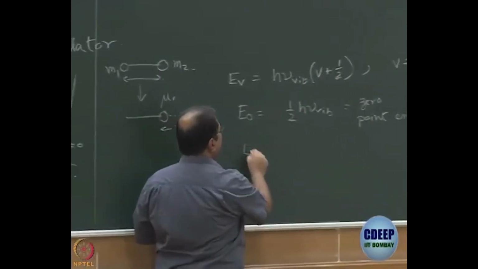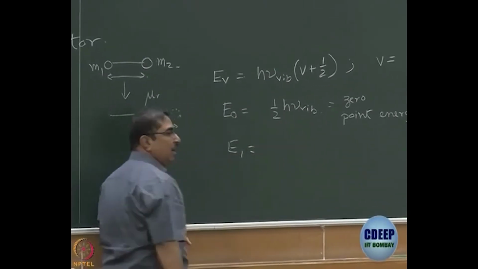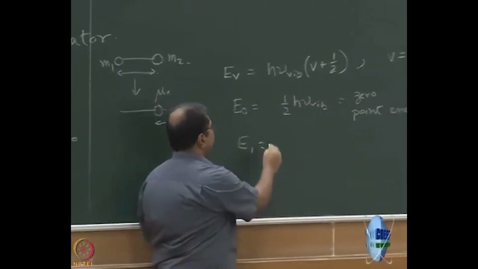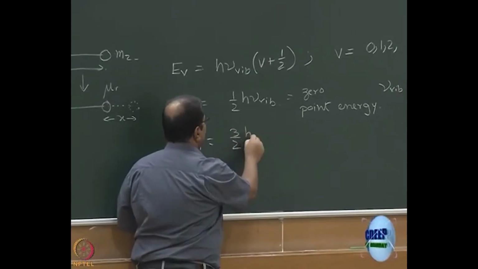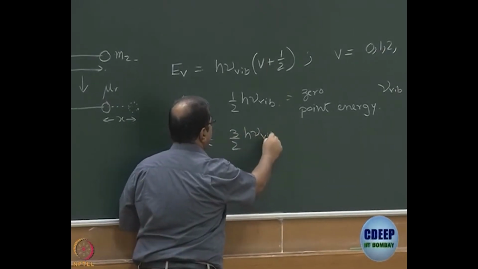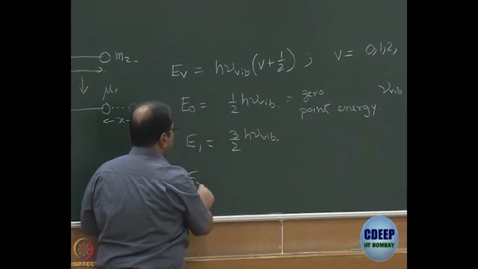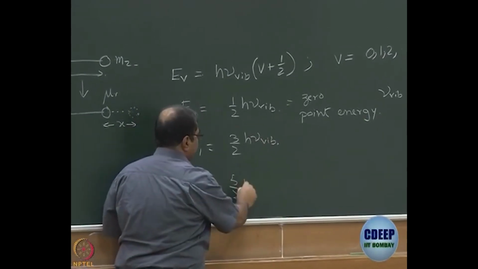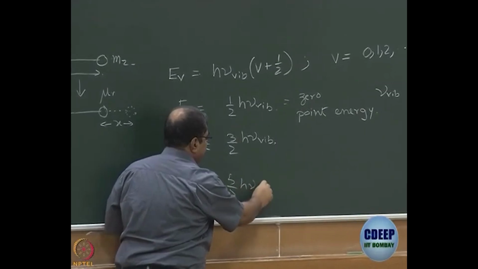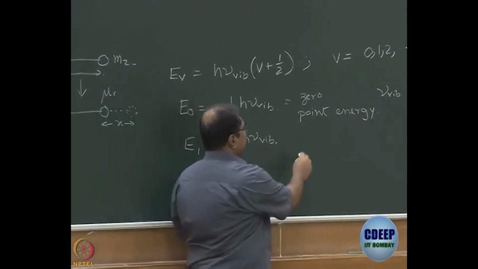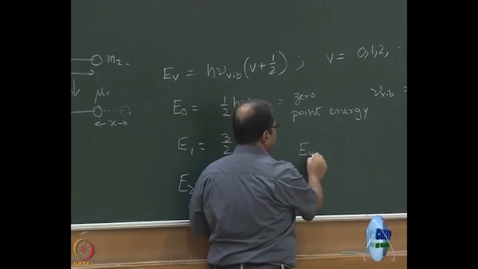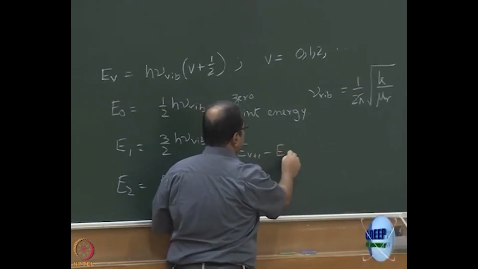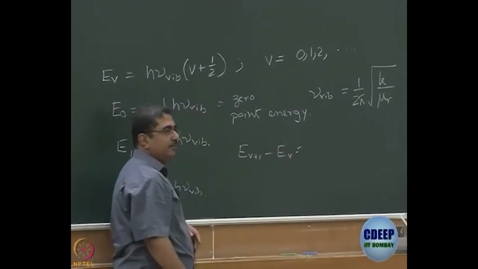Where is the next one? Where is E1? If you put V equal to 1, 3 by 2 h nu Vib. Where is E2? 5 by 2 h nu Vib. In fact, if you just write the general expression for E V plus 1 minus E V, what do you get? h nu Vib.